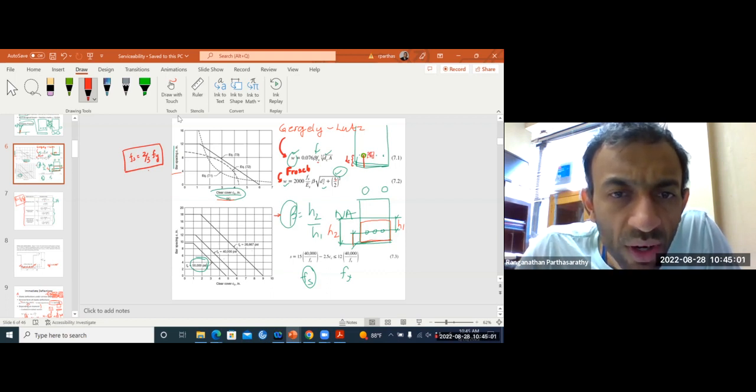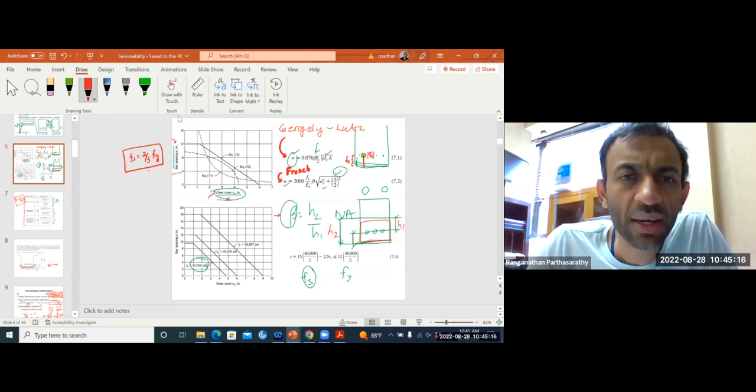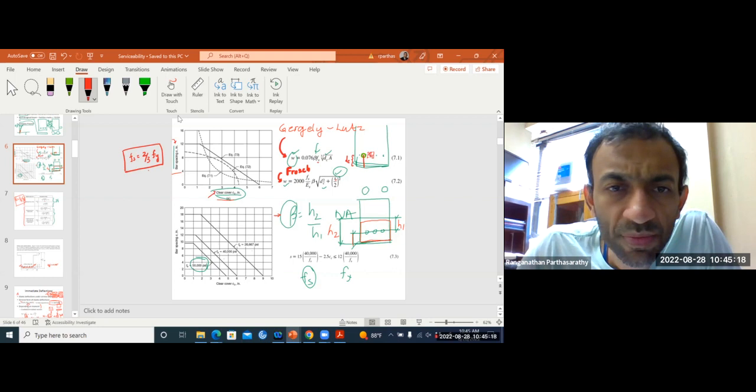What they say is how the crack width changes with respect to bar spacing and with respect to clear cover. Now, these two have some common region.